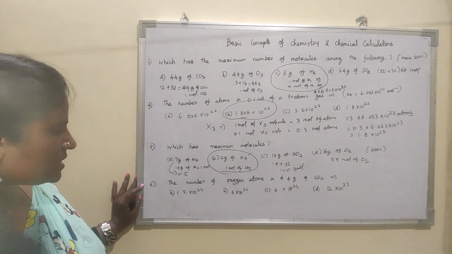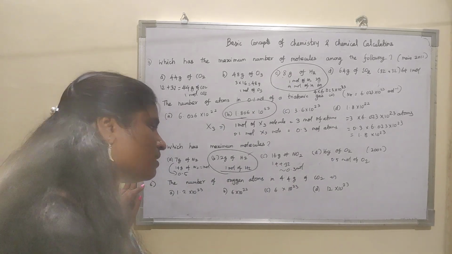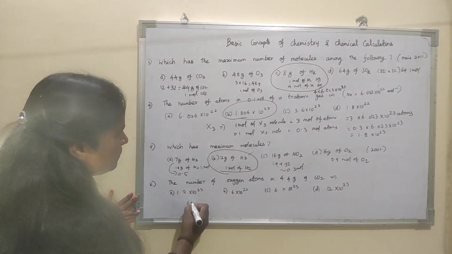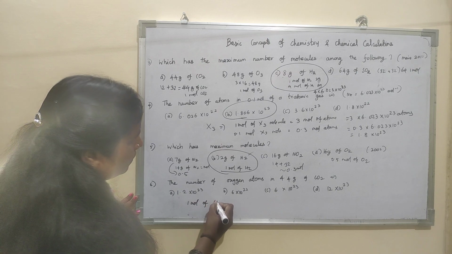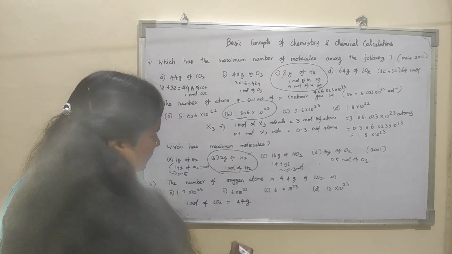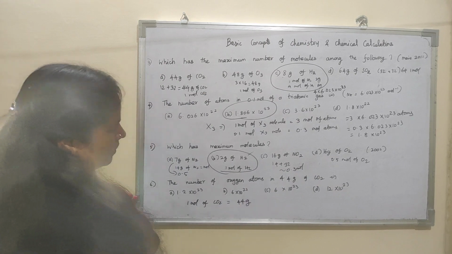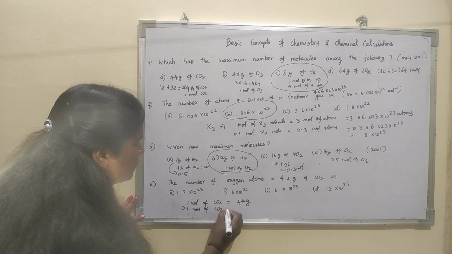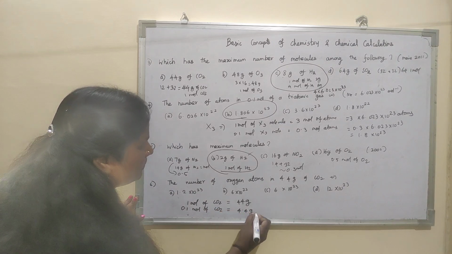The next question is: the number of oxygen atoms in 4.4 gram of CO2. 1 mole of CO2 contains 44 gram, so 0.1 mole of CO2 contains 4.4 gram.